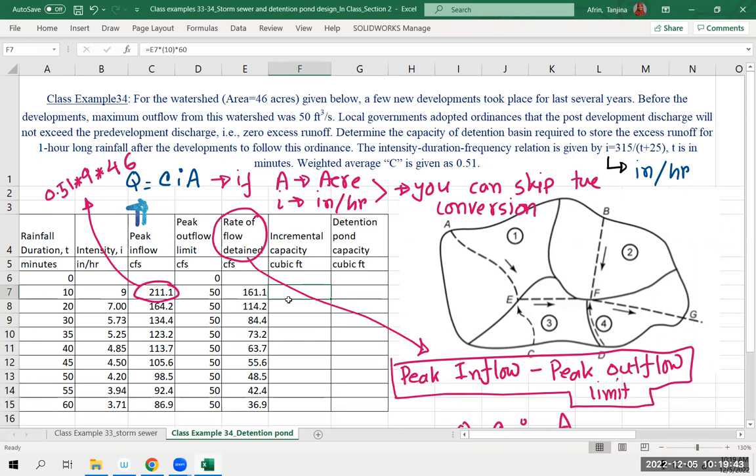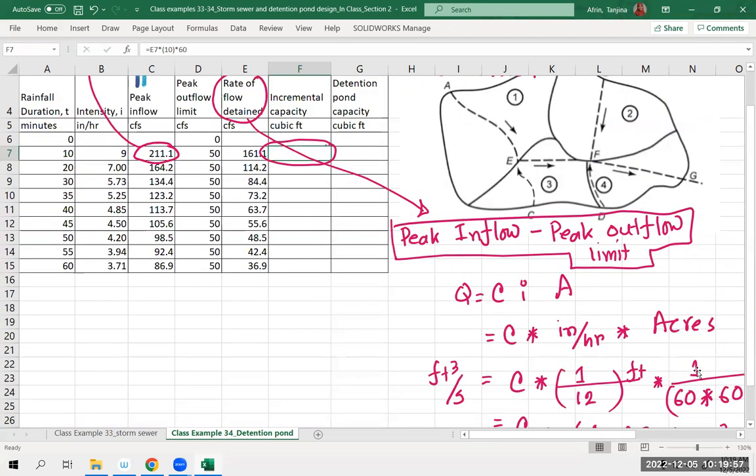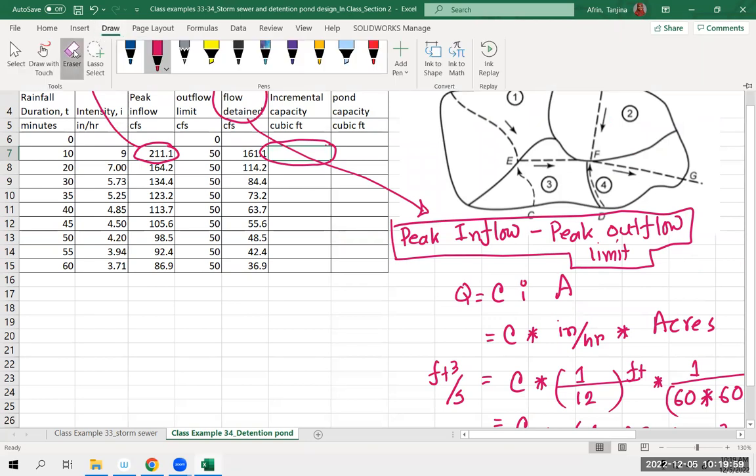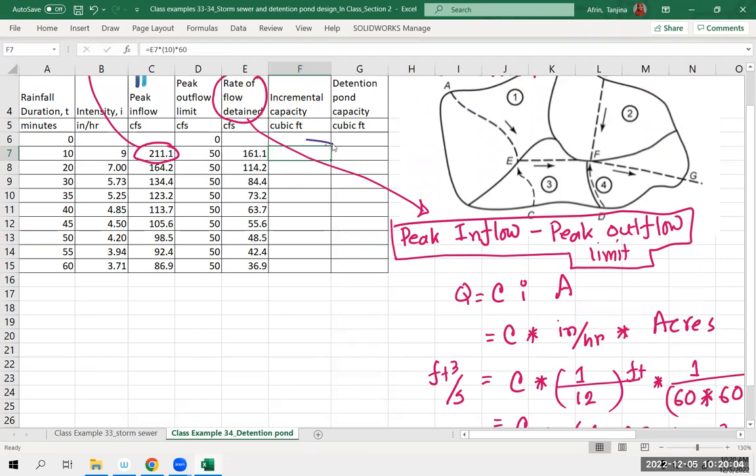the incremental capacity will be 161.1 multiplied with 10, and after that, let's find out. Yes, that's correct. That's what I was just about to say. For finding this one, it will be 161.1, 10 minutes. But I can't work with minutes.